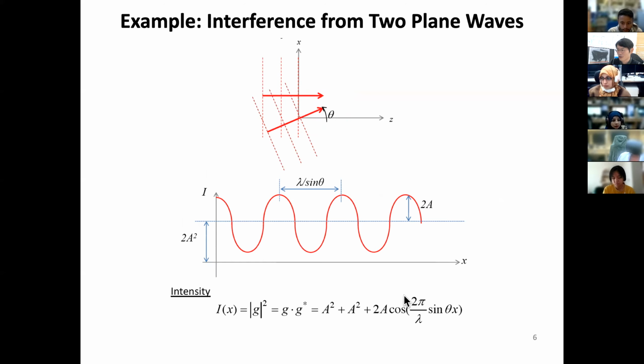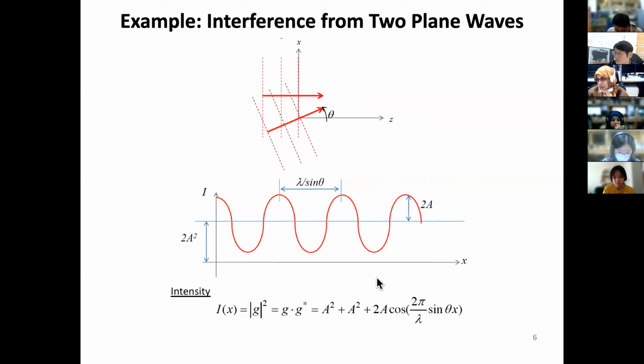With this, you can find the period: instead of lambda, the spatial period will be lambda over sine theta, while the amplitude goes up and down by 2A squared. That's what you can see over here.